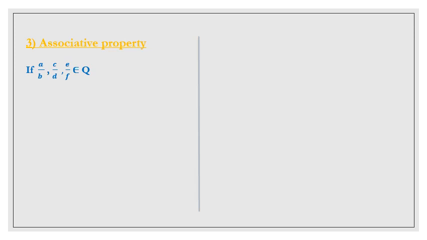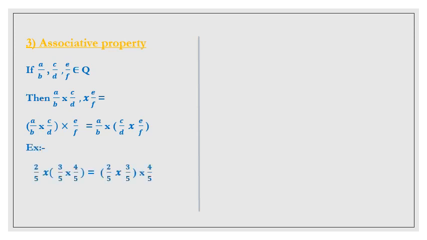If A over B, C over D and E over F belong to Q, then A over B by, with brackets, C over D by E over F equals, with brackets, A over B by C over D, and by E over F. For example, 2 over 5 by, with grouping, 3 over 5 by 4 over 5 equals, with grouping, 2 over 5 by 3 over 5 and by 4 over 5. Okay, equals 24 over 125.